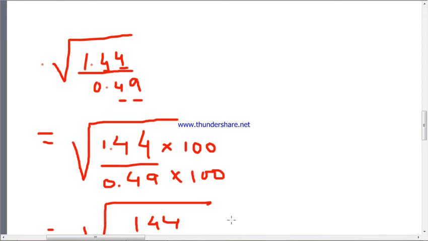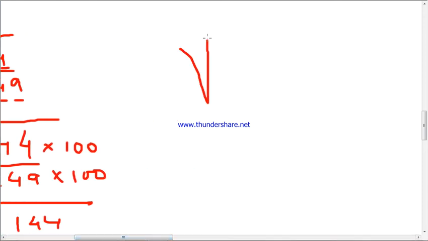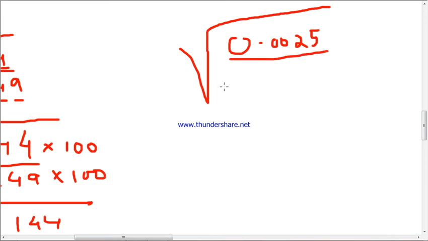Root over, okay, let's try the sum. You have root over 0.0025 divided by 0.0196.